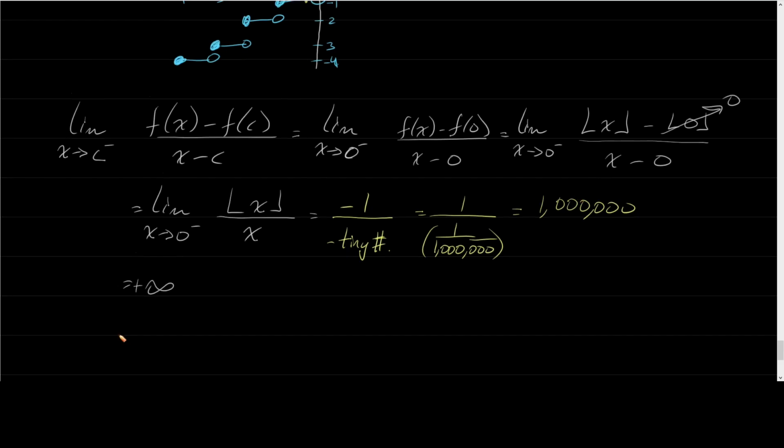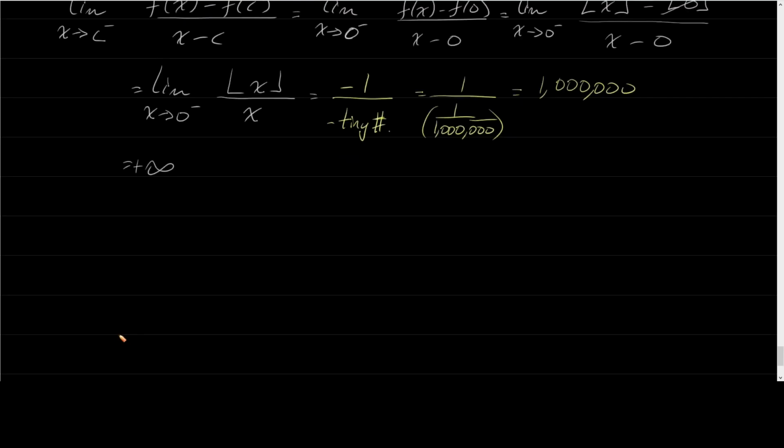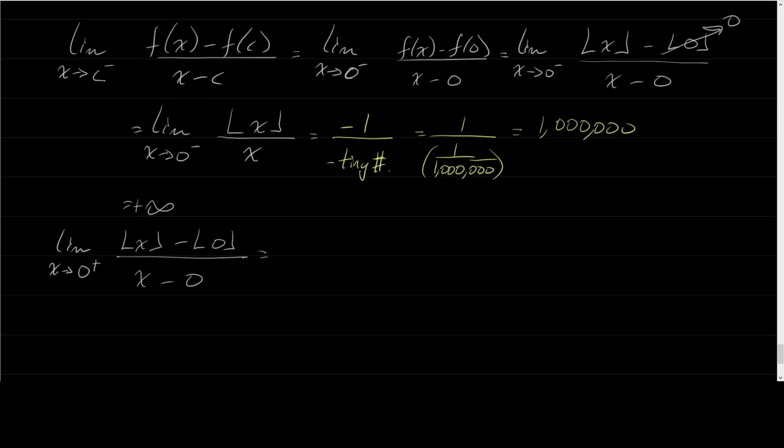Now, let's look at the limit from the other side, as x goes to 0 from the right. We already wrote the definition, so we can skip to taking the floor function minus the floor function of 0 over x minus 0. Now we are coming from the right: the limit as x goes to 0 from the right of the floor function of x over x.